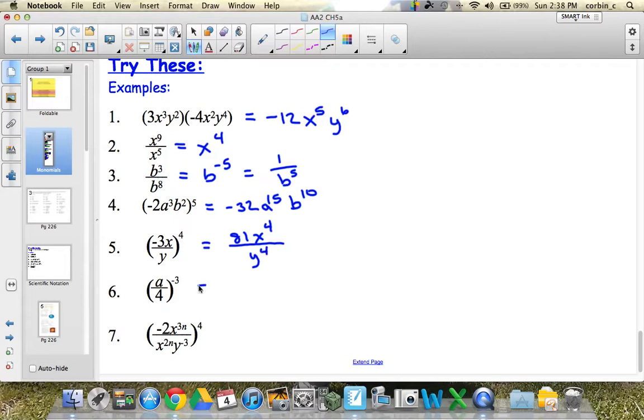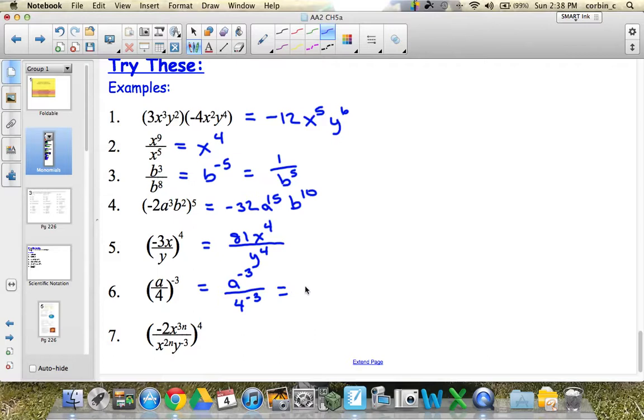My next example, I'm going to do the same as above, except I'm going to apply a negative 3 exponent to everything. So that is a to the negative 3rd over 4 to the negative 3rd. Just like in a previous example, both of these have negative exponents, so I need to essentially flip the fraction.